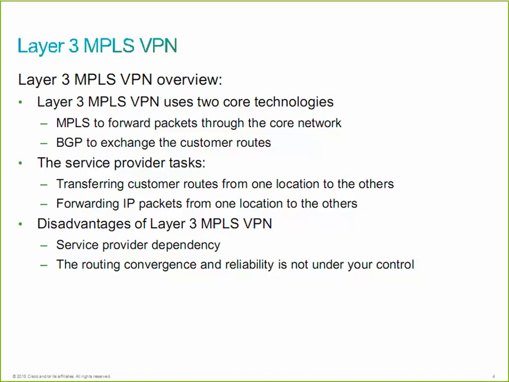Regardless of whatever protocol is chosen, both parties need to agree on what IGP parameters they're using to communicate those routes from the customer edge router to the provider edge router.